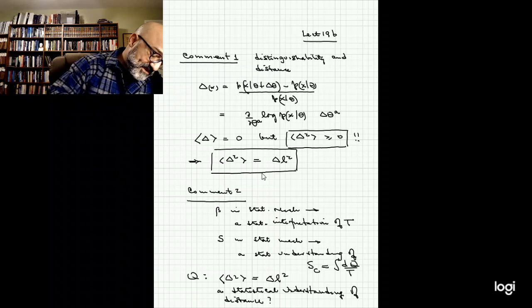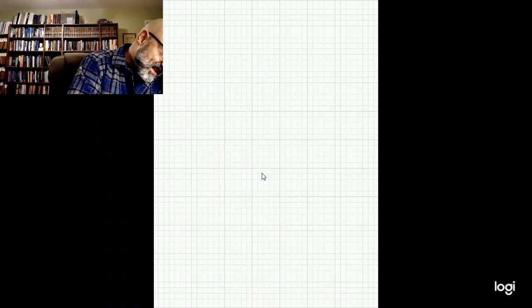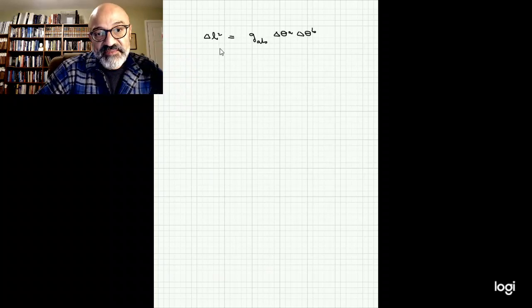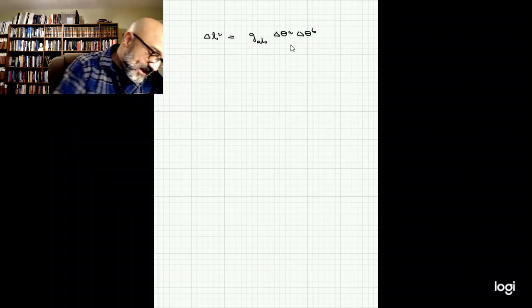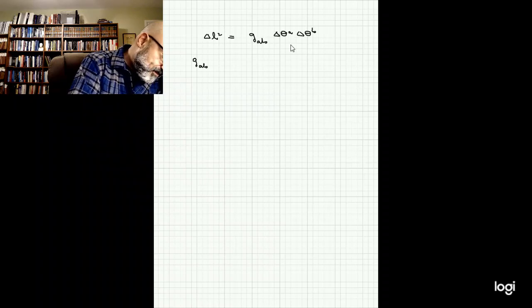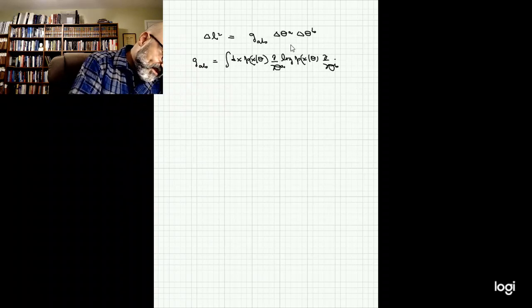So let me write out what the result of all of this was: the distance is given by a metric tensor, and then you do Pythagoras. This is just Pythagoras in the space of probability distributions, in a curved space, right? Where G is this average of the derivative of the log, the derivative of the log.